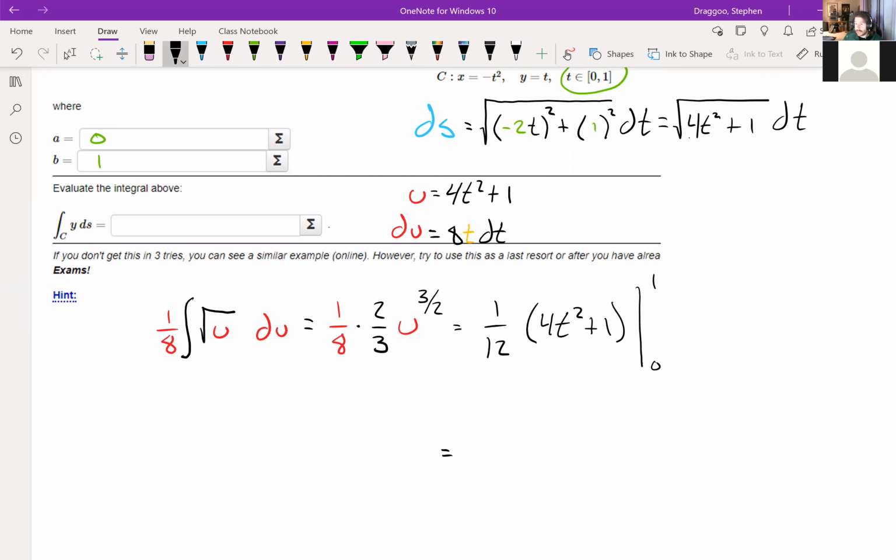Then if we plugged all that in, what do we get? 1/12 times, oh, whoop, to the 3/2. This will be 17 to the 3/2 minus 1 to the 3/2. Let's call it 1.